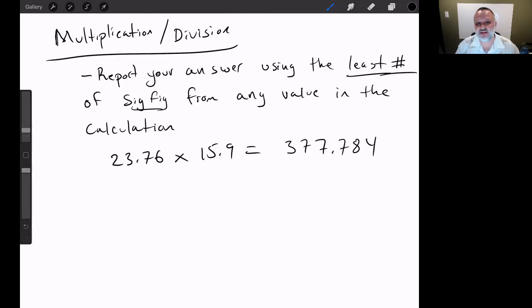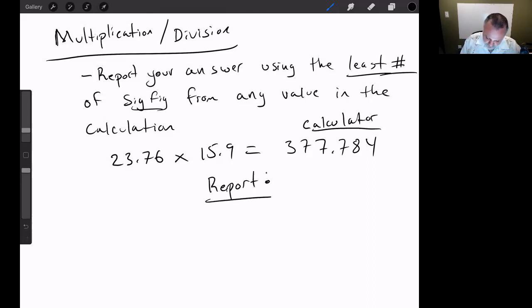All right. And so how many significant digits should I report my answer to? Remember, this is the calculator. What am I going to report? I'm going to report 3 significant digits because the number that I used in the calculation that has the least number of sig figs is the one with 3.